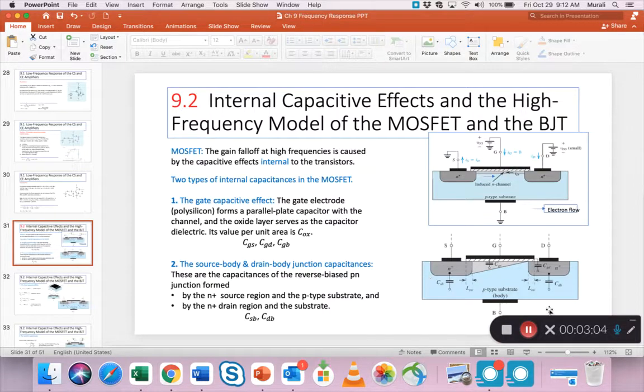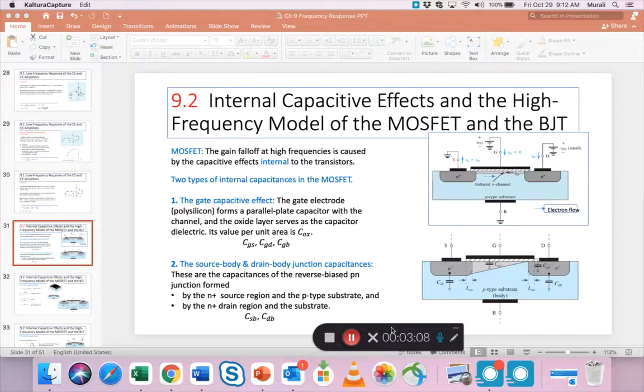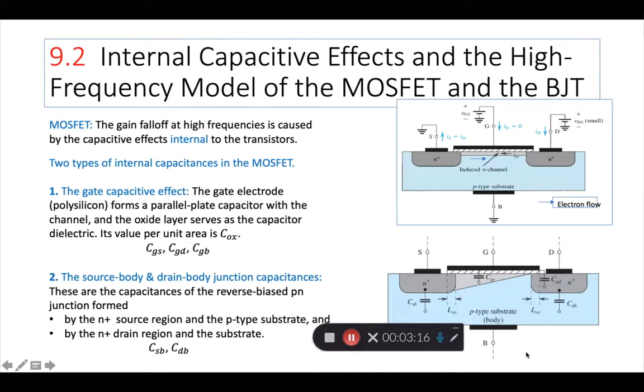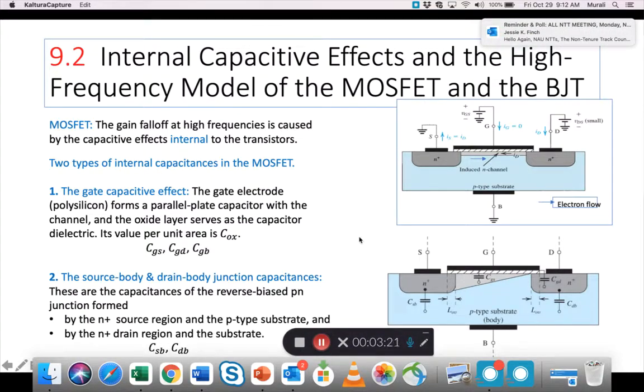Yeah, slide 31 is where we start section 9.2, and let me see if I can amplify it. Yeah, so you can amplify. All right, so you can see better.